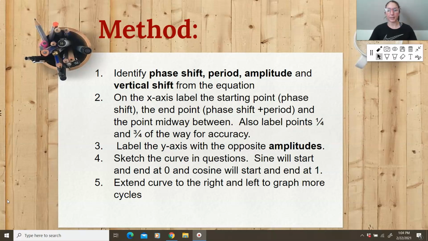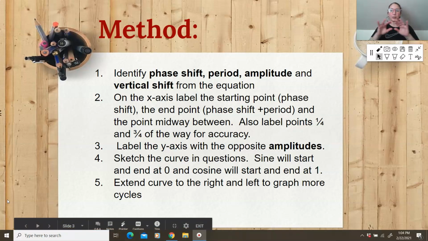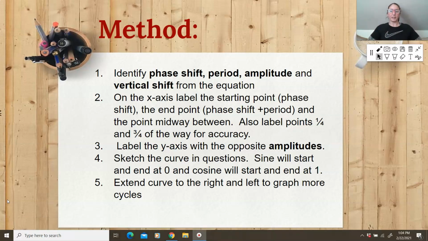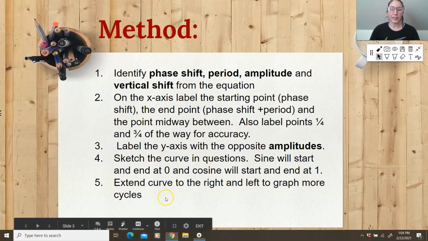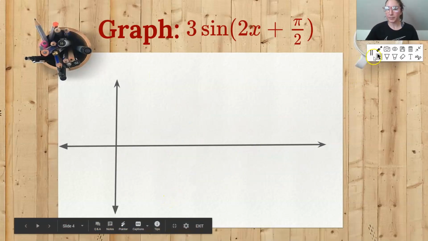Cosine starts at 1, goes to 0, then -1, then 0, then 1 again, except the 1s are substituted by my amplitudes. Then we'll extend the curve, repeating it to the right and to the left, because these are infinite, if we would like to graph more cycles. So let's see examples.